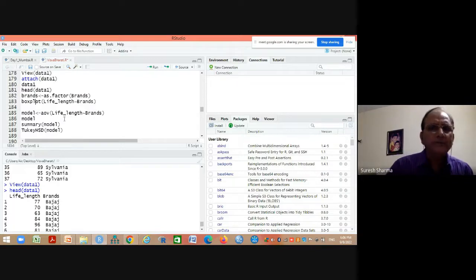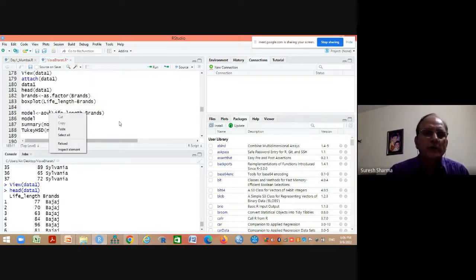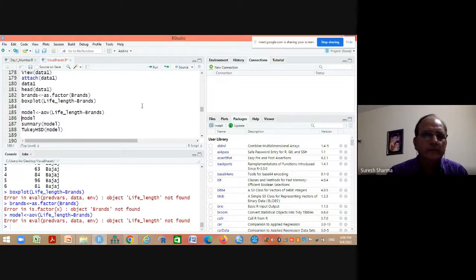So this is ANOVA: life length by brands, and the model will be aov. Yesterday we saw the linear model; this is the ANOVA model. In the ANOVA model, your dependent variable is life length and the factor is your brands. So just run this. What is happening?